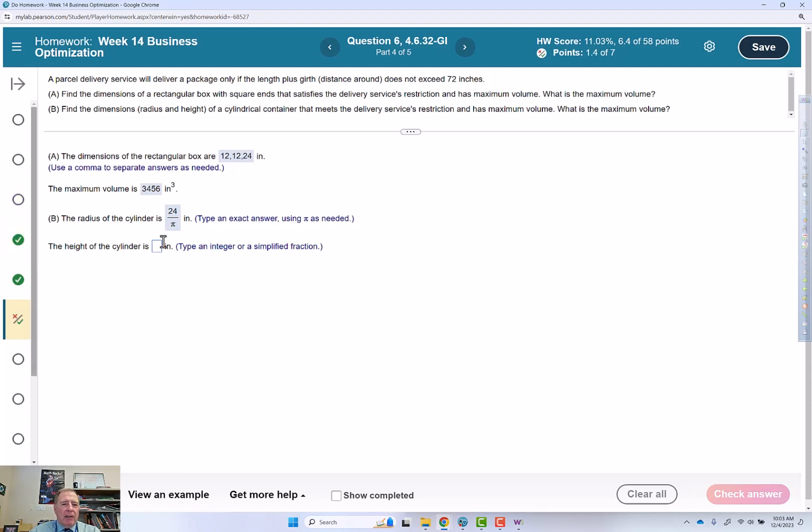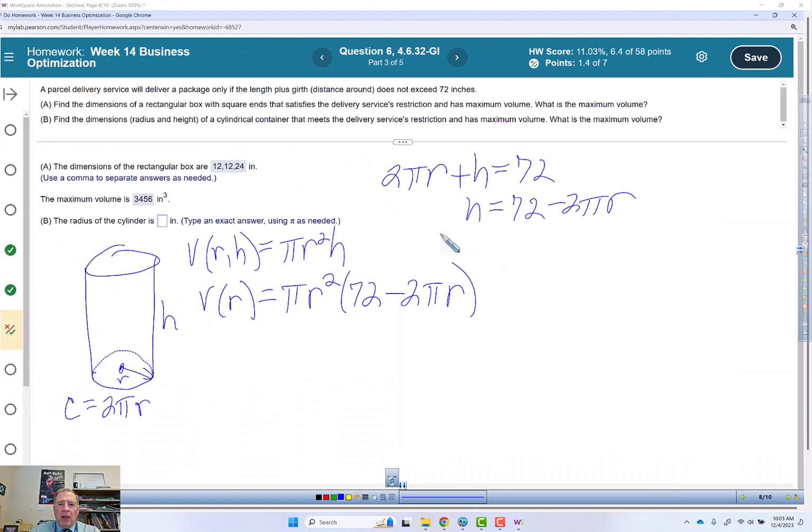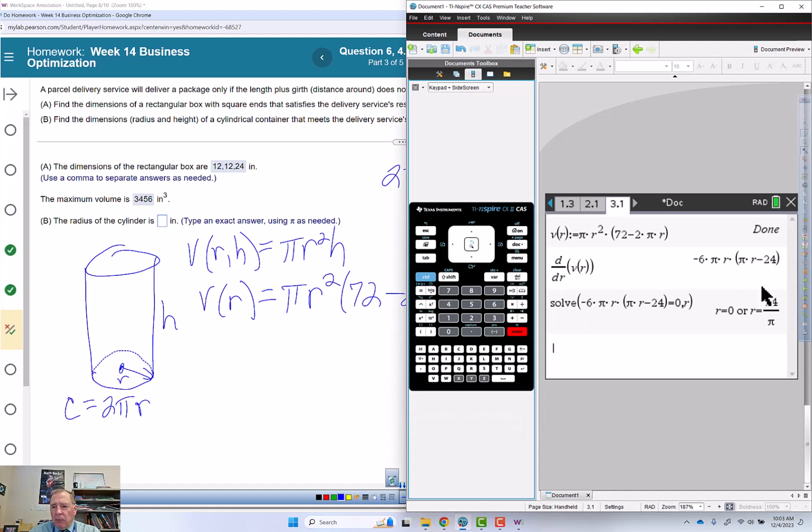So now the height of the cylinder is, and we can figure that out because we know that height is 72 inches minus 2 pi r. We'll go to the calculator for that, and we know that r is 24 over pi. So it's 72 minus 2 pi.